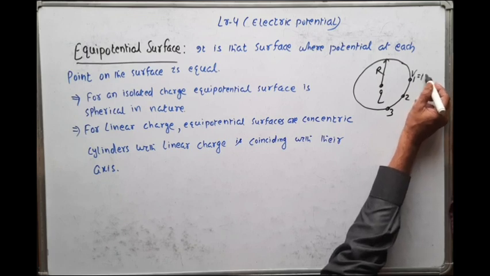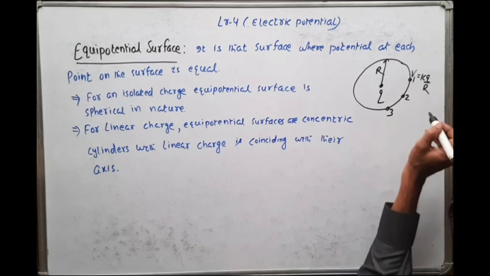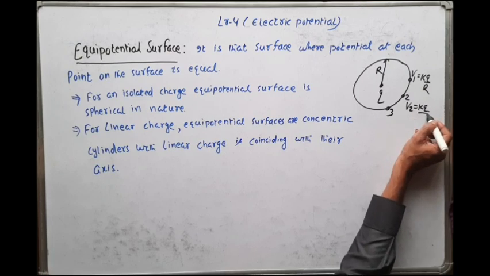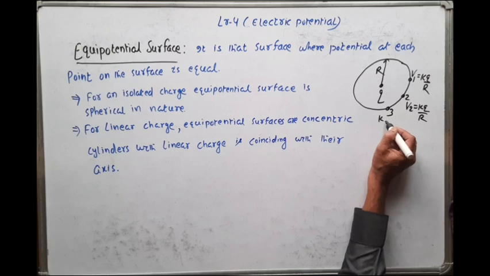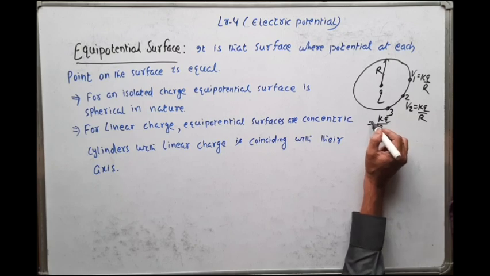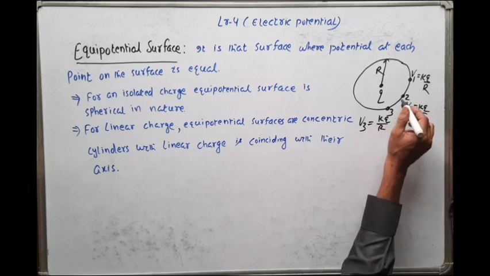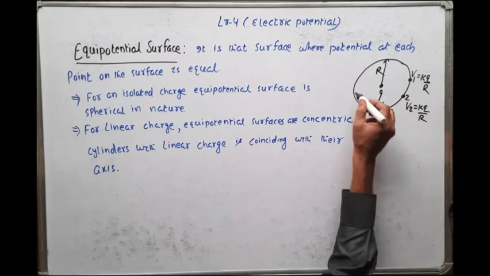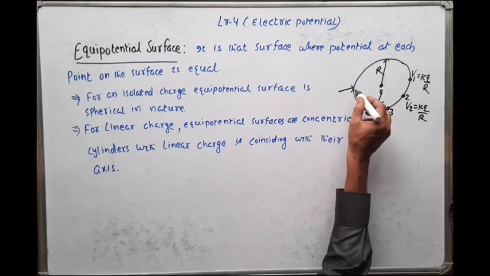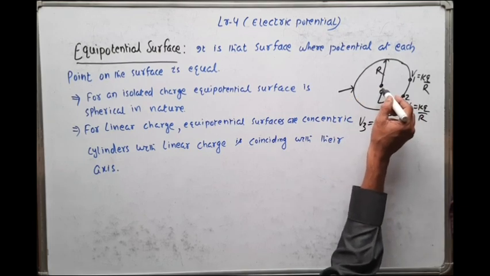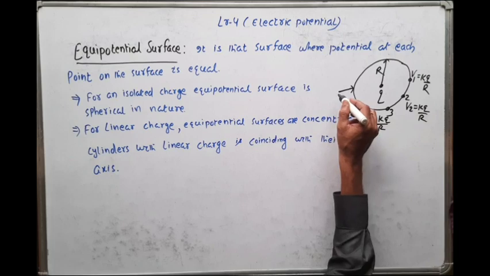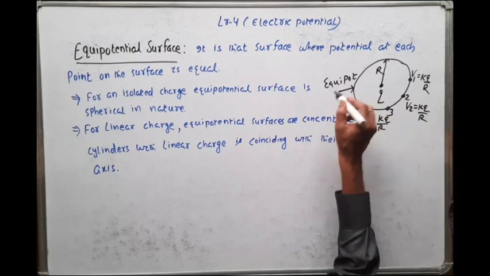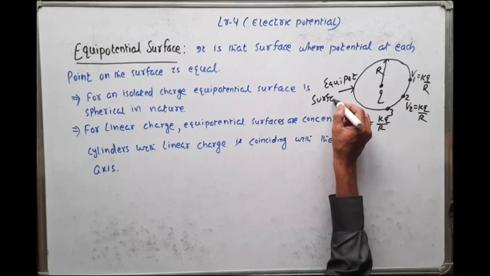You know V1 is equal to KQ by R. V2 is also KQ by R. V3 is also KQ by R. So that means potential at every point on this sphere is same. That's why this spherical surface for this isolated charge is called equipotential surface.